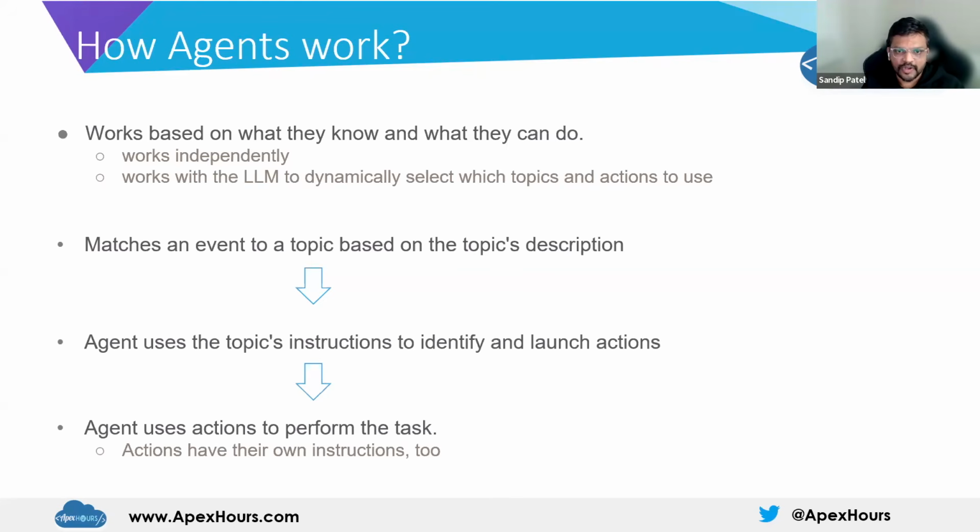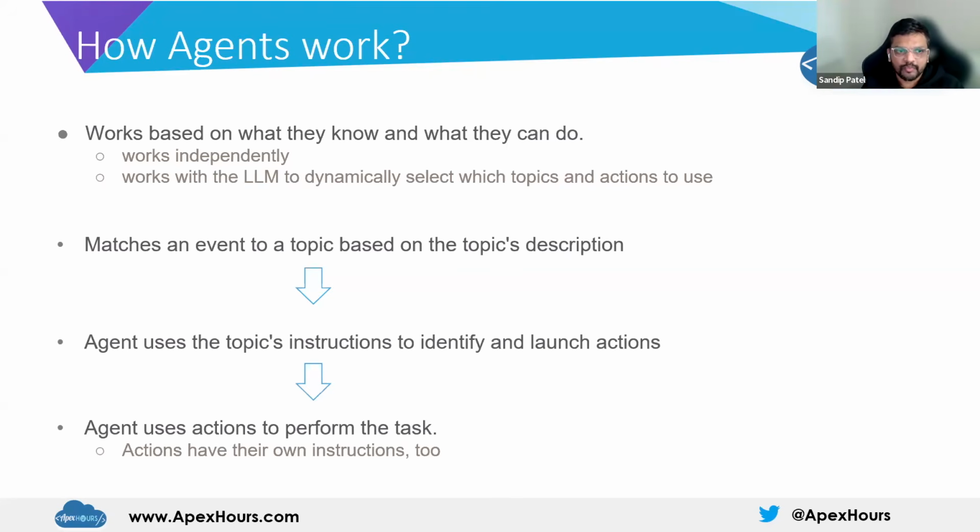Let's say for the create order topic, we would have a description like create an order for this customer. If it's regarding case creation, we can say the topic is to create a new case. And if it is a retrieval or get method written in the Apex class or in the flow, we can say this topic just retrieves the customer information based on the email address or the order ID.